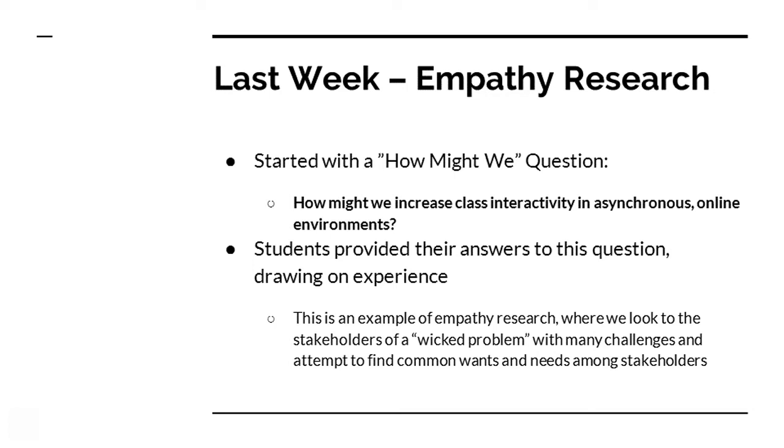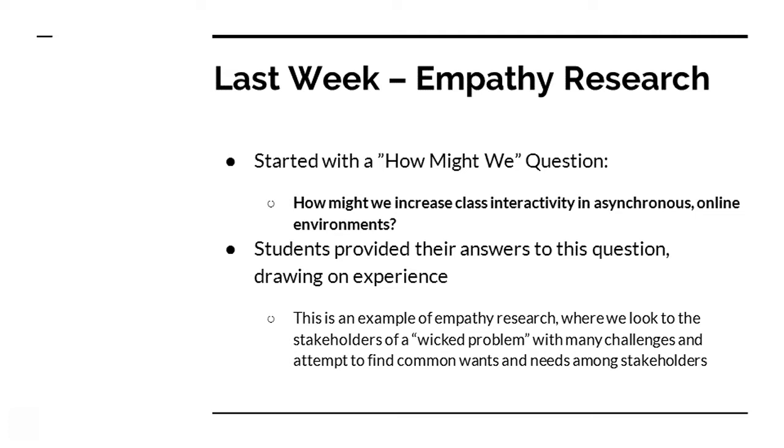So when you guys provided me your answers to those questions, giving me 5 different suggestions for increasing interactivity, this is another tangential design thinking method that you can couple with a how might we question, which draws on this concept of empathy research. So I ask you a how might we question, and I'm actively employing empathy research in getting your take on how we interact currently and how we could do more and better interactions within this class and beyond.